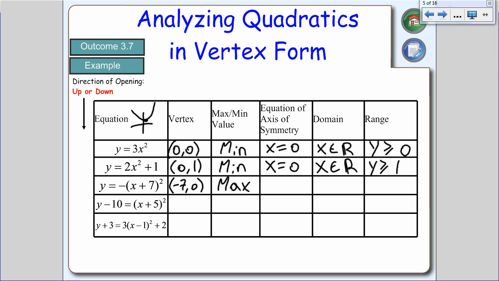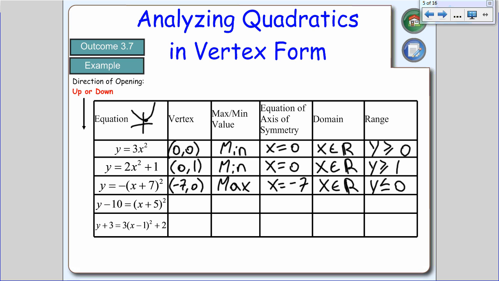Where's my axis of symmetry? X is an element of the reals. Every time. Unless there's a word problem, your quadratic, x will always be an element of the reals. Y is greater than or equal to 0? Not quite. Less than or equal to 0, because it's a maximum point. So that changes the symbol in between. 0 is the largest possible number because that's my maximum.